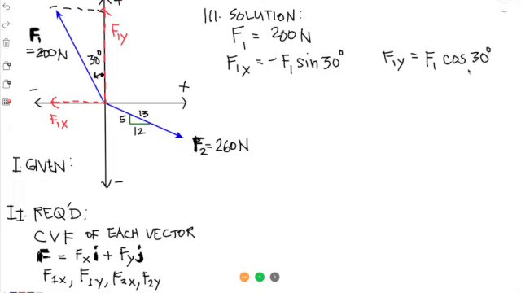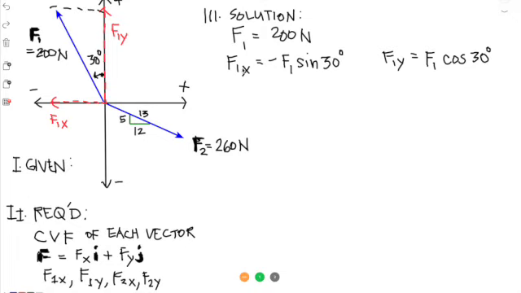I hope at this point you won't be confused, because in the derivation of the equation that we had earlier, the angle is measured from the x-axis, but this time it's measured from the y-axis. That's why you just need to look for which is the opposite side and which is the adjacent side in order to identify what trigonometric function you must use.